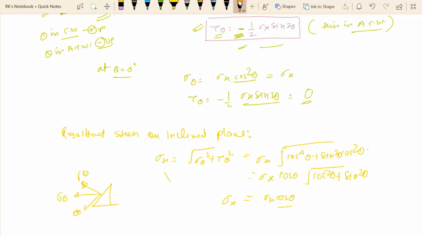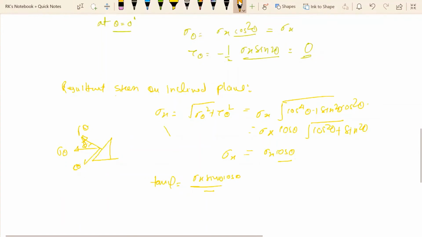So we can find the angle of sigma r with sigma theta. If this angle is phi, then tan phi is equal to sigma x sine theta cos theta over sigma x cos square theta, so that becomes tan theta. So phi equals theta only.